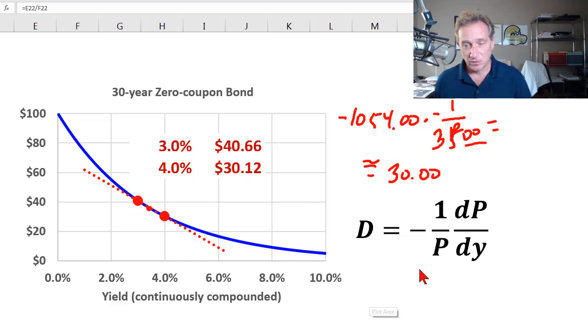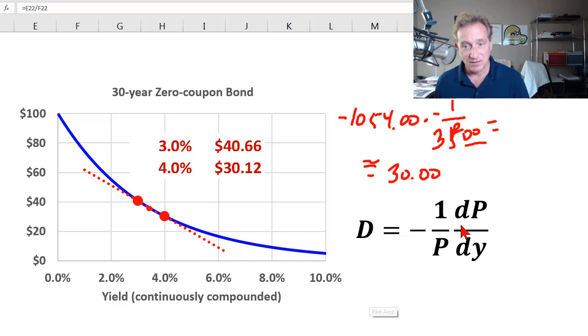We can see just a couple of things. First, we maybe start to understand by convention why there's a negation in this calculation for the modified or effective duration. The slope of the tangent or the secant line, which approximates it, is here obviously negative. So our dollar duration, strictly speaking, is going to be negative.